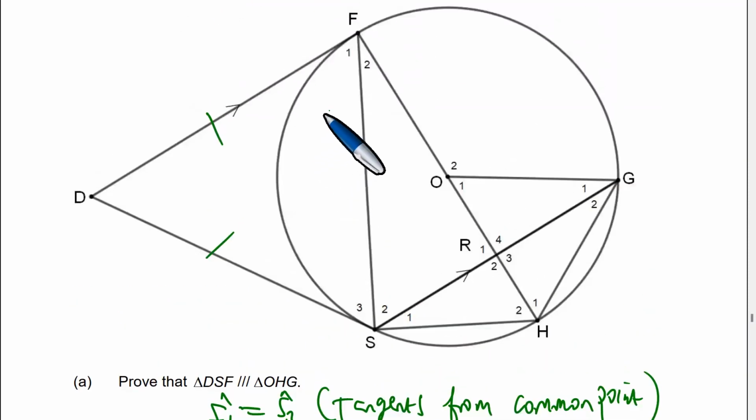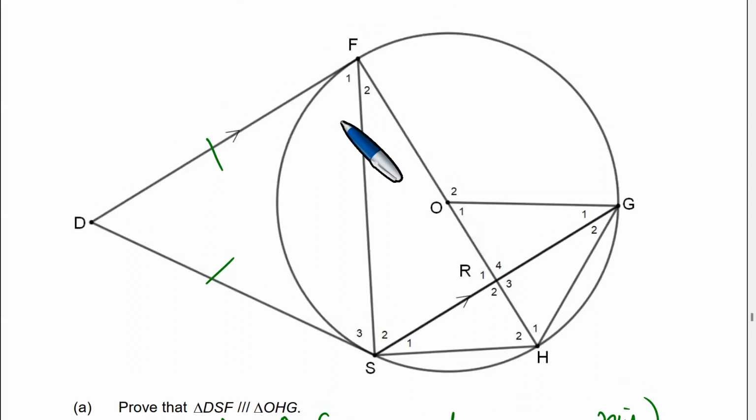Oh, but angle S2 is equal to angle H1, angles in the same segment.